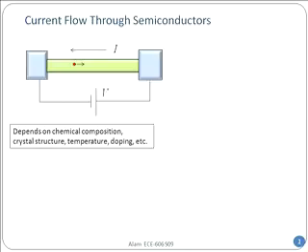So if you remember, going back to the beginning, the problem we are interested in is a piece of semiconductor, perhaps uniformly doped, but most likely non-uniformly doped, contacted between two contacts, and we want to find out how much current flows.